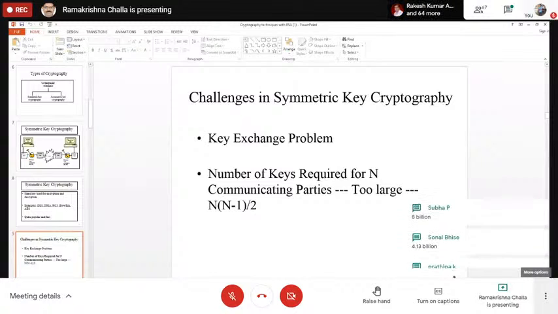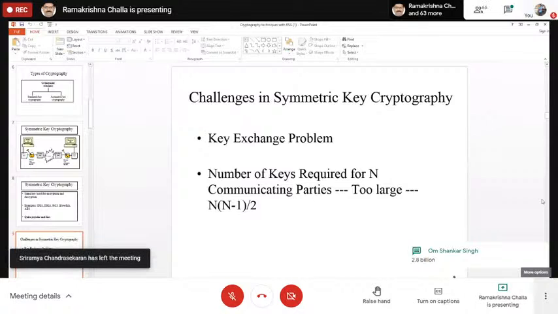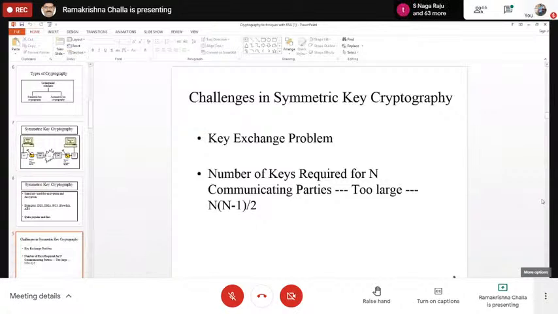So for your information, there are approximately around 300 crores, that is 3 billion, of internet users. And this number is increasing, in a doubly exponential fashion or more than that, every day or every year, because more and more people and more devices are getting connected to the internet.